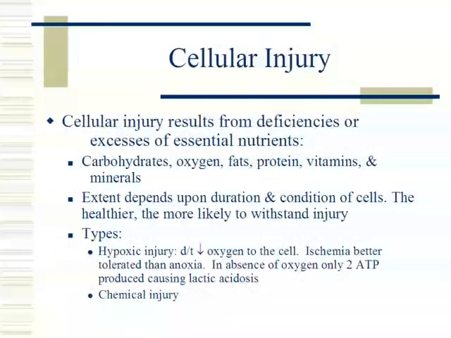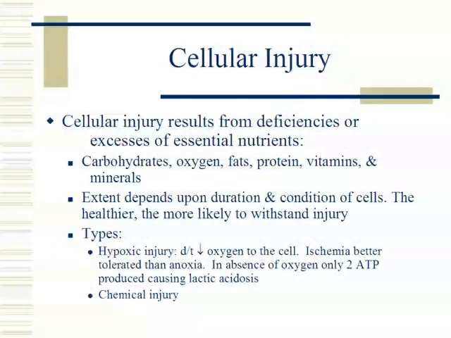Your carbohydrates, your oxygen, your fats, your proteins, your vitamins, and minerals are all necessary for the body to survive. Hypoxia can be reversed if your oxygen and your blood supply are restored. And if you resume a proper diet, you can reverse the problems of malnutrition.